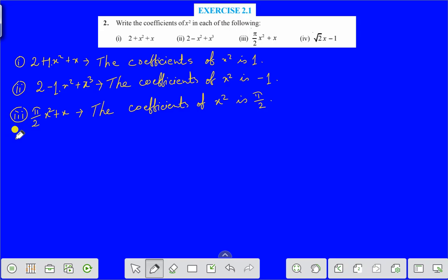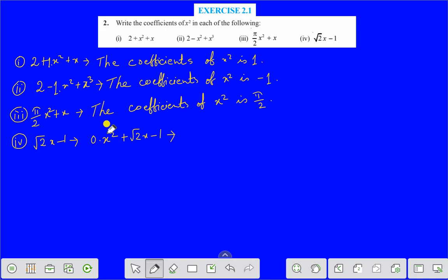Question number 4 is root 2 x minus 1. It can be written as 0 into x square plus root 2 x minus 1. Here you see x square is multiplied with the number 0.